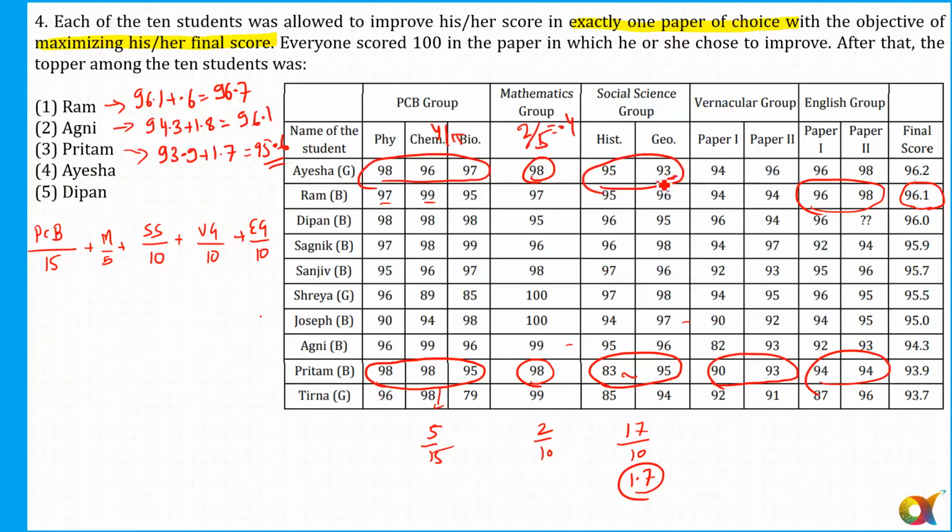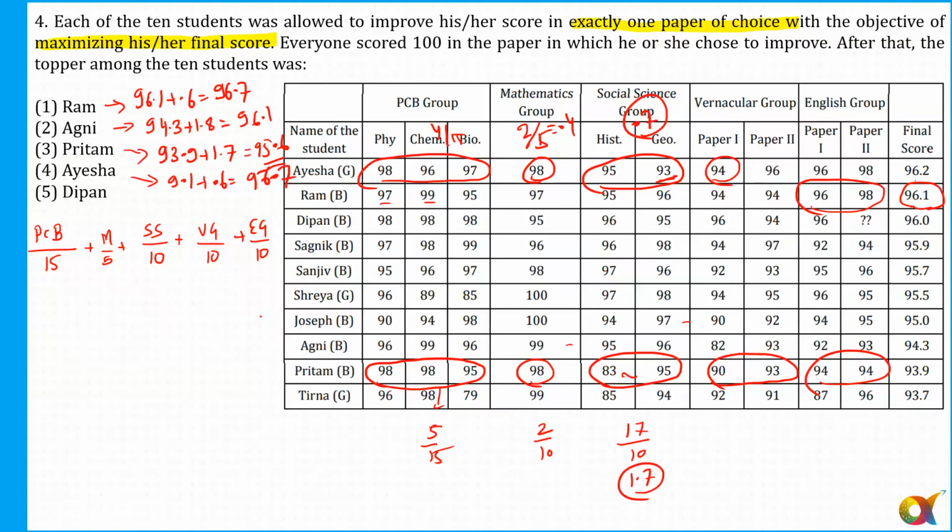From 93, if ISA gets 100, there will be a change of 7 by 10, that means 0.7. In the vernacular group, 94 and no change. So the maximum possible change for ISA is 0.7. So the ISA final score is 96.1 plus 0.6, which is equal to 96.7. So for ISA it is 96.7.